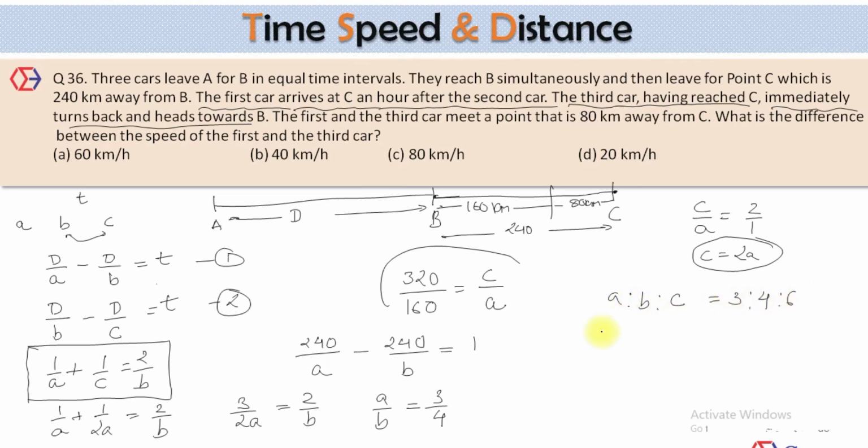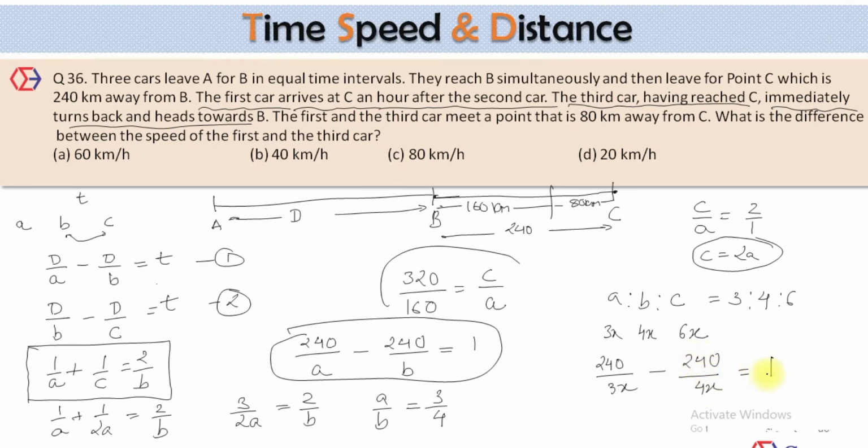So let's take their speeds equal to 3x, 4x and 6x. And I'll use this equation now to get the value of x. So 240 by A, what is A? 3x. 240 by B, what is B here? 4x is equal to 1.